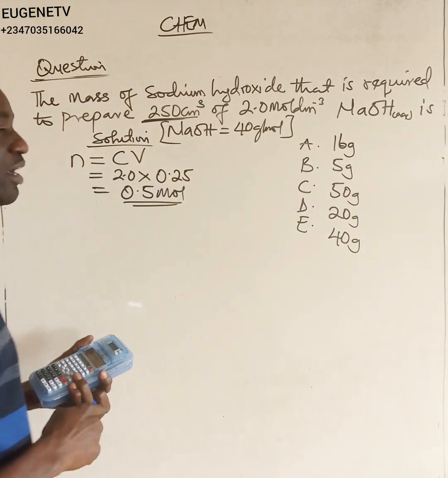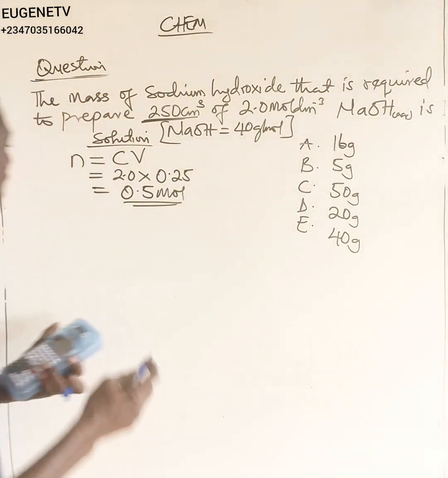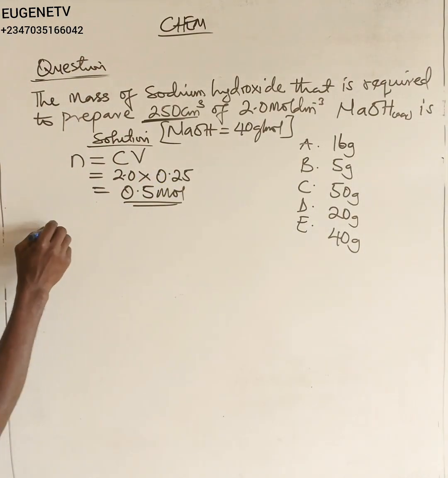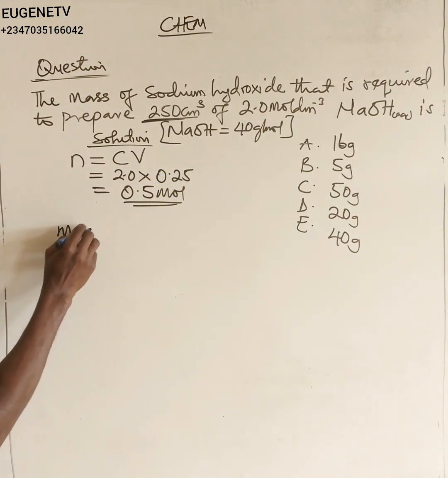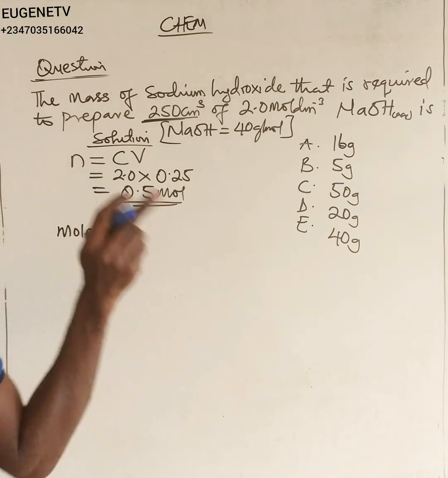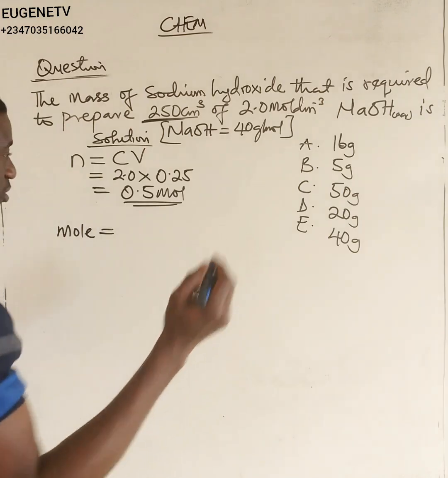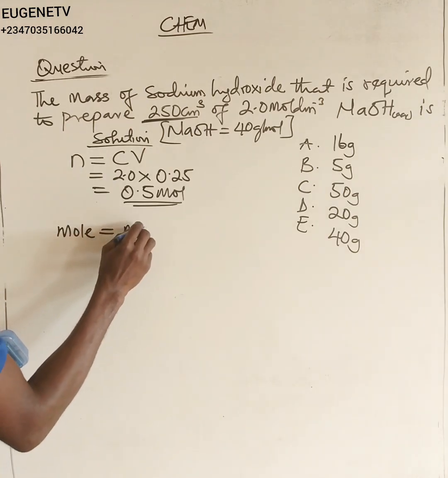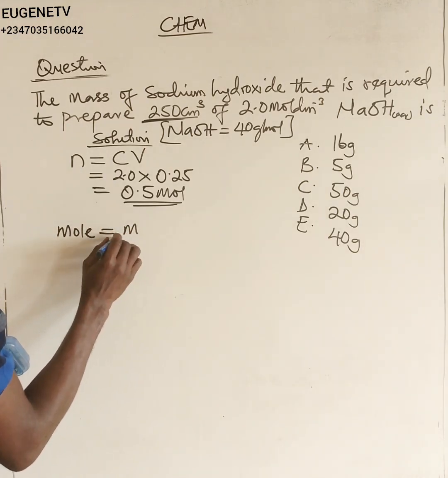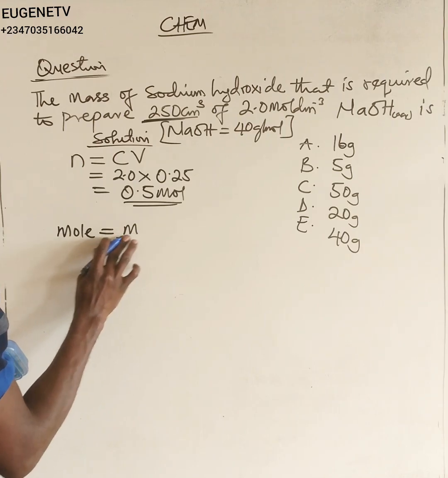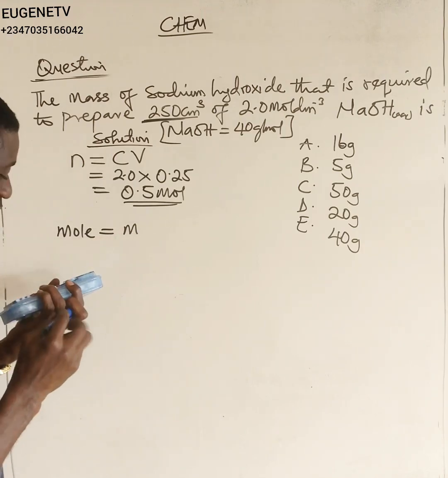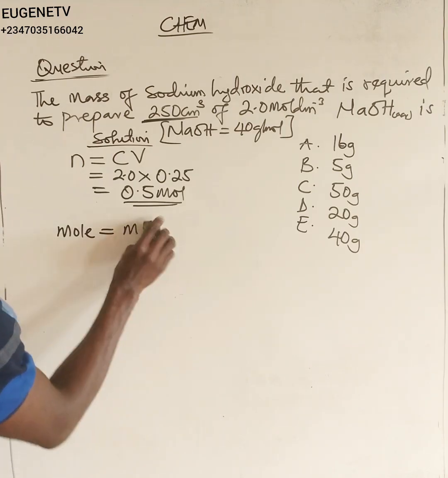Alright, so when we have done that, we can now go and apply our formula. Remember the first one, we say mole is equal to concentration in mole per dm³ times volume. Now we are going to use another one. Mole is equal to mass all over molar mass. Sorry, I made a mistake.